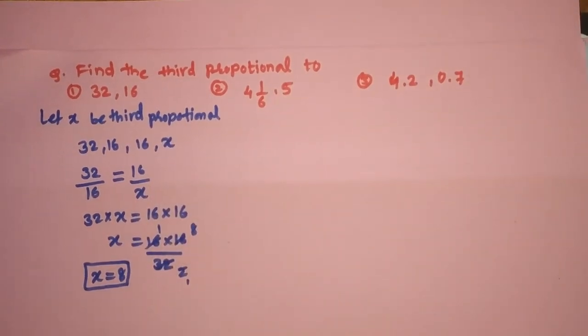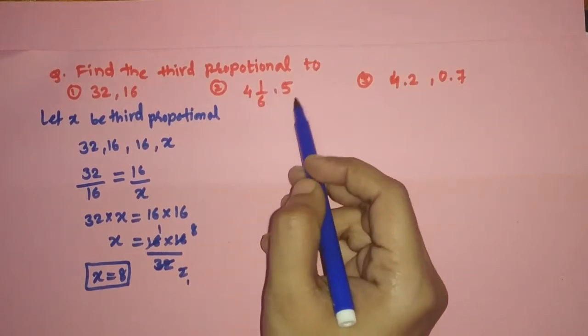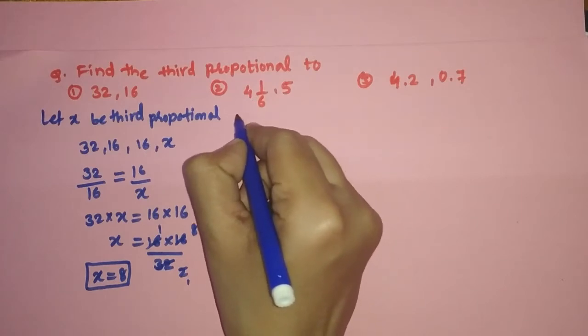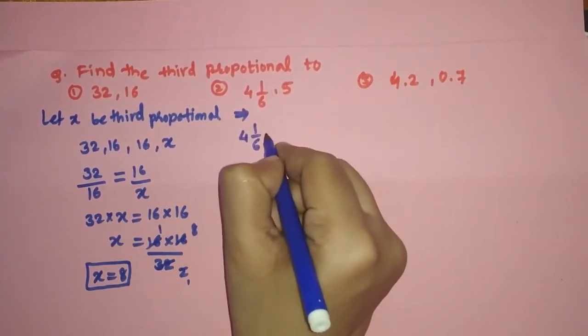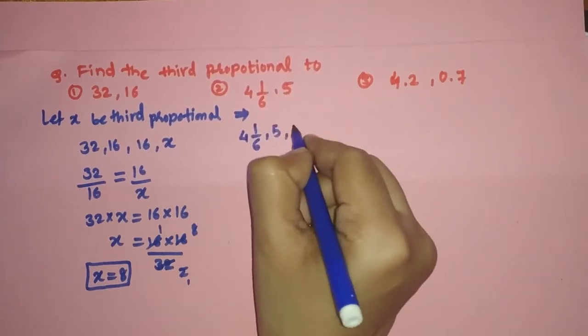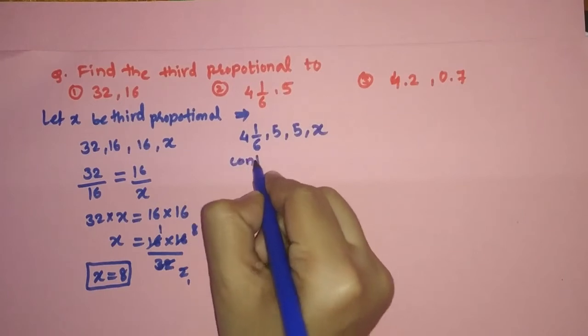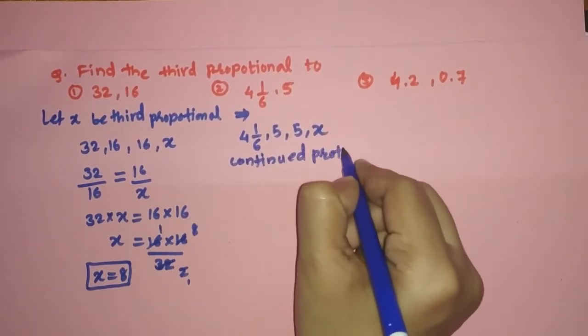So now moving to the next question, we need to find the third proportional to 4 1 by 6 and 5. So they are in the continued proportion friends here. So we'll write down 4 1 by 6, 5, x, they are in what? Continued proportion. And this x is a third proportional.